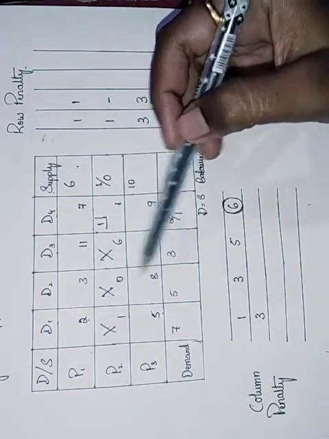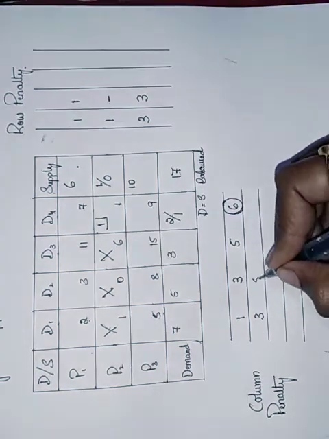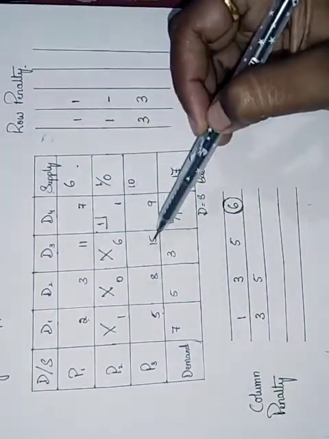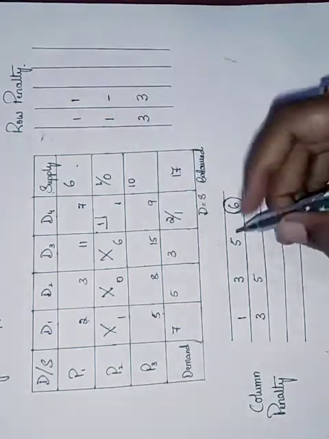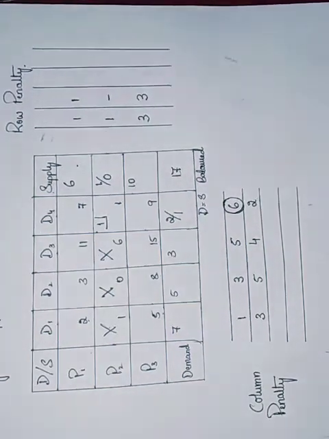So 3 and 8, which is the least, 3 and next least is 8, so difference is 5. And next 11 is the least and next least is 15, so difference is 4. And least value is 7 and next least is 9, so difference is 2.